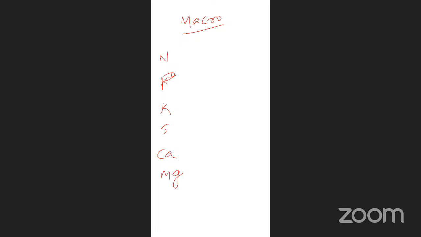So these are the major macronutrients. Let's see one by one.